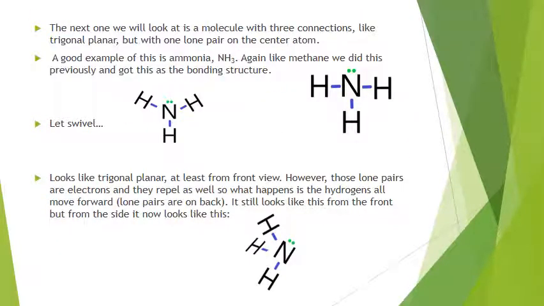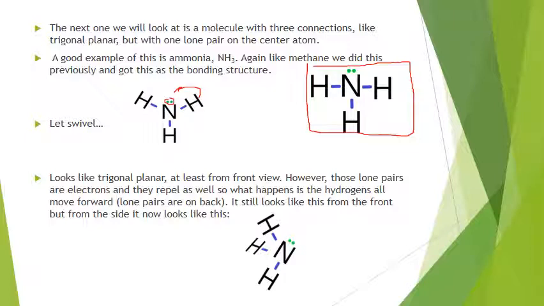Next one, let's take a look at ammonia. So ammonia, we can draw it out like this. We did this in a previous PowerPoint. Now we're going to let everything swivel. What you're going to get in this case is these hydrogens are going to move, and not only can they bump into the hydrogen, but they can bump into this lone pair.